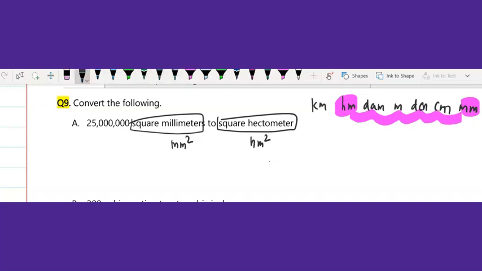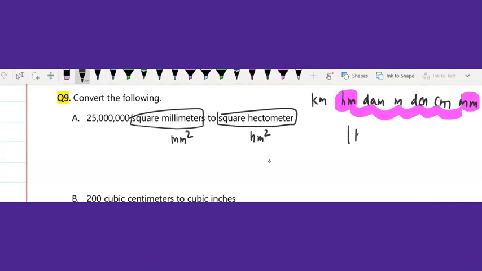So basically 1 hectometer equals 100,000 millimeter, because to get hectometer to millimeter, you multiply by 10 5 times.